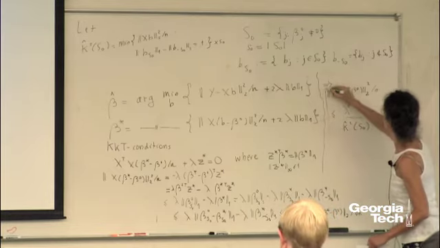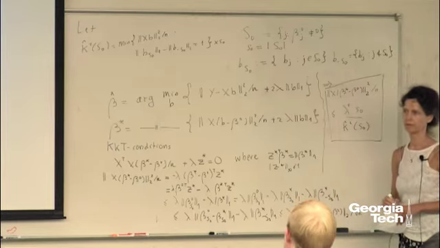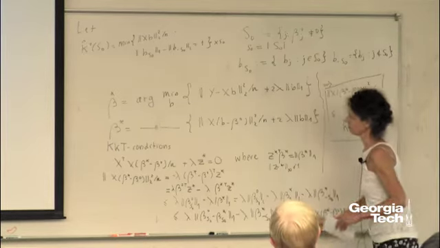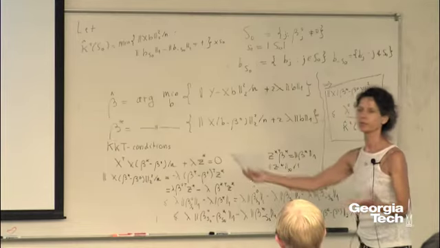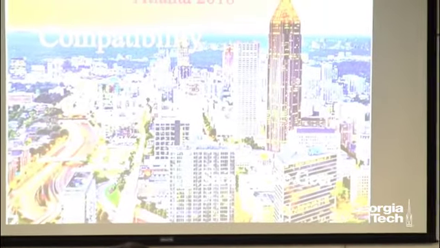You just put it to the other side. So that's a bound for the prediction error. And I want to show you now, going to the slides, that it's an upper bound and it's also a lower bound.